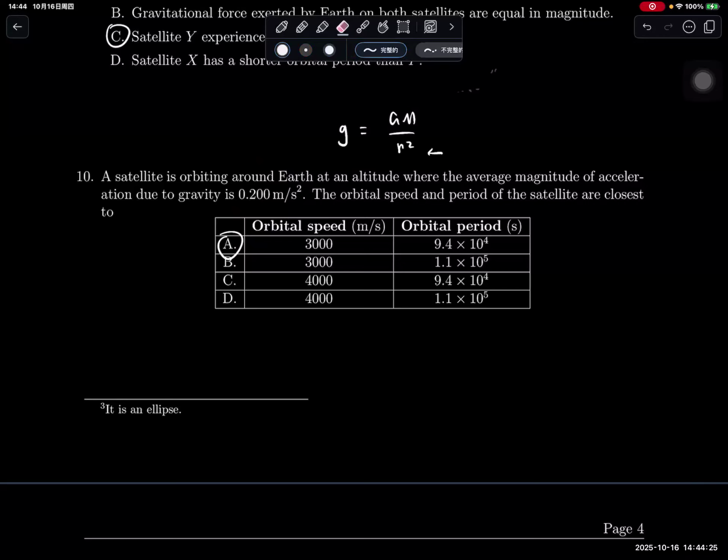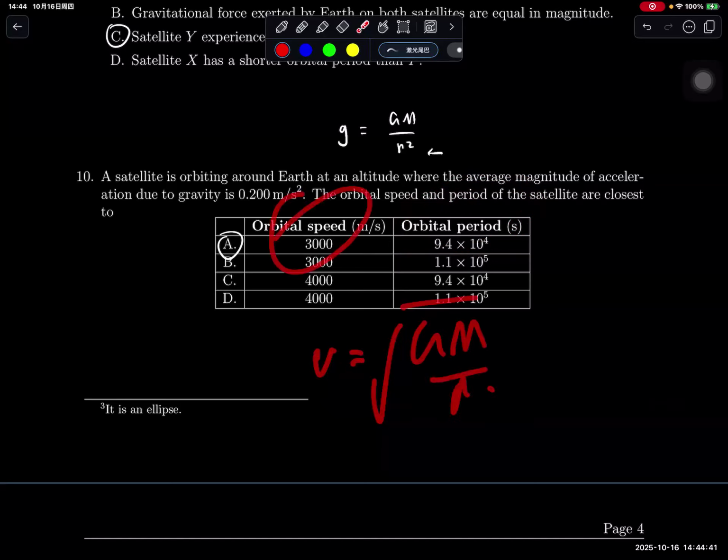After you get the radius, you can use r cubed over T squared equals GM over 4 pi squared to find the orbital period, and you can use v equals the square root of GM over r to find the orbital speed.